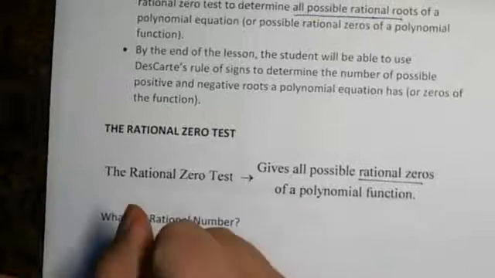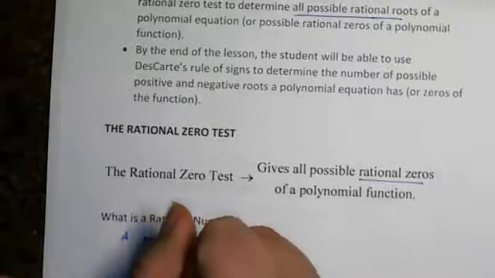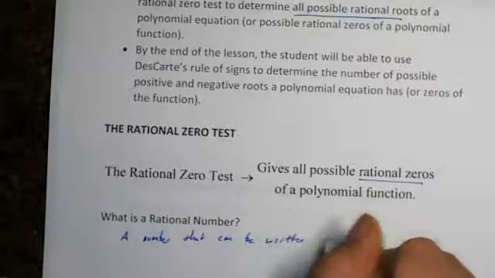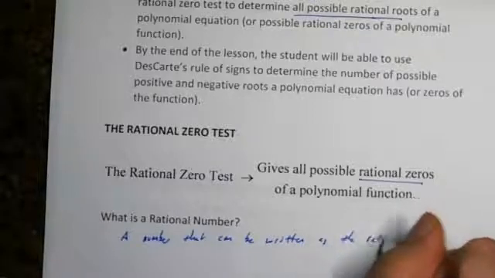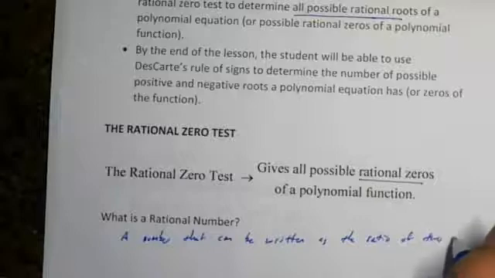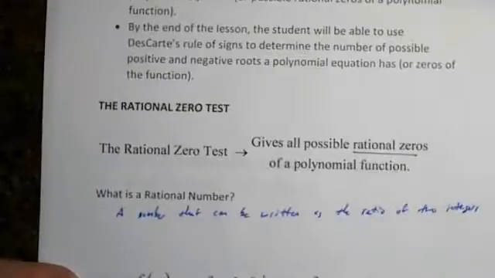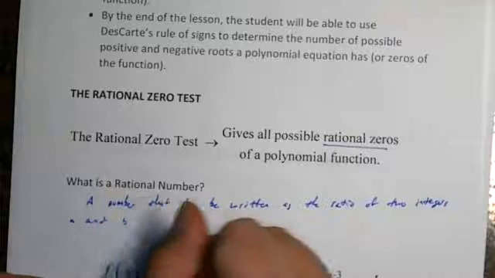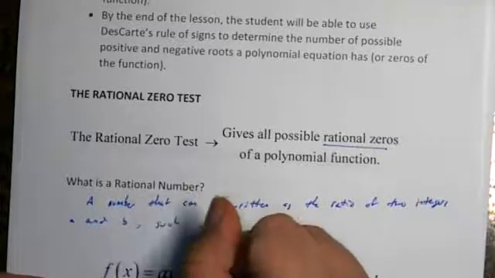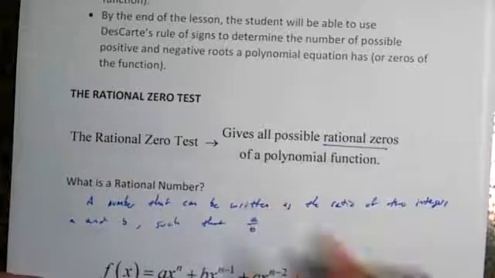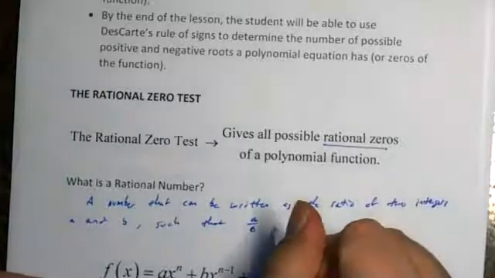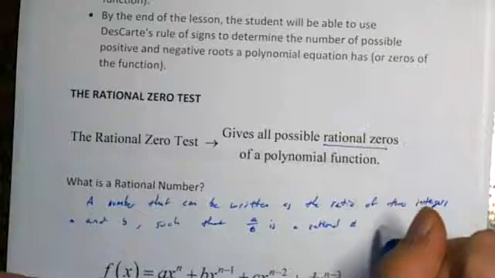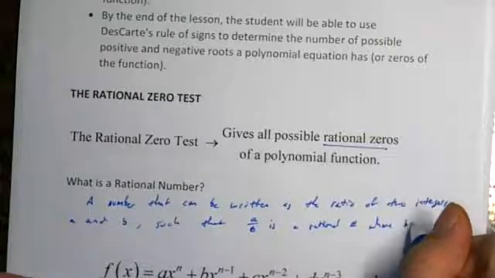A rational number is a number that can be written as the ratio of two integers, a and b, such that a over b is a rational number where b does not equal 0.